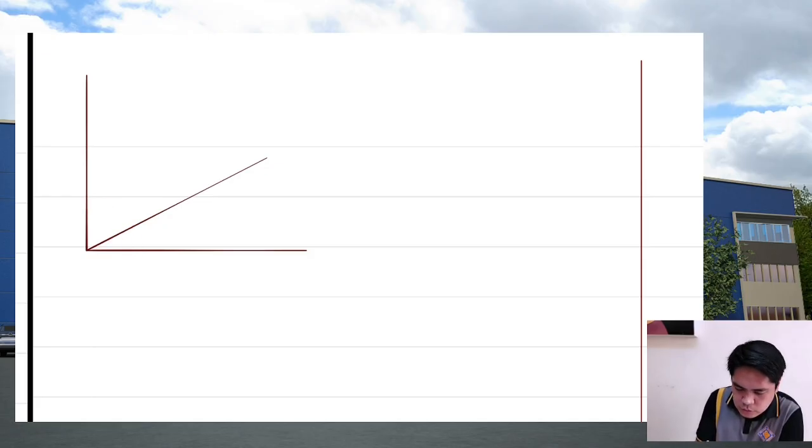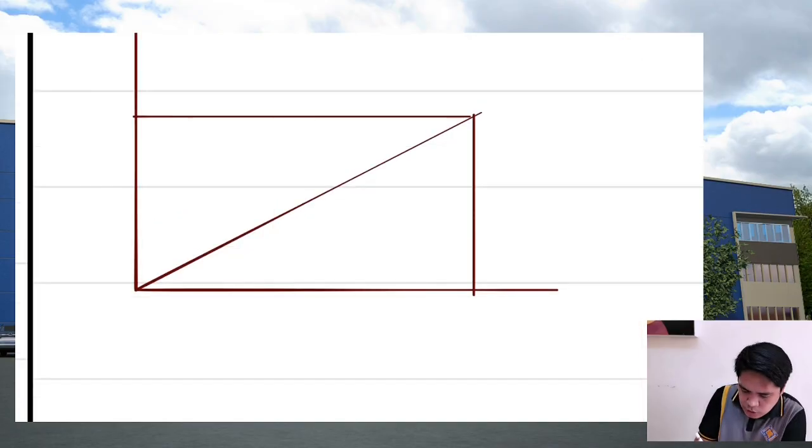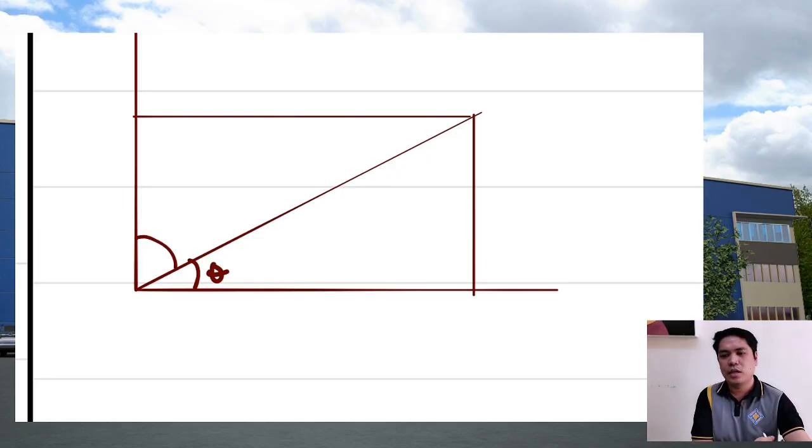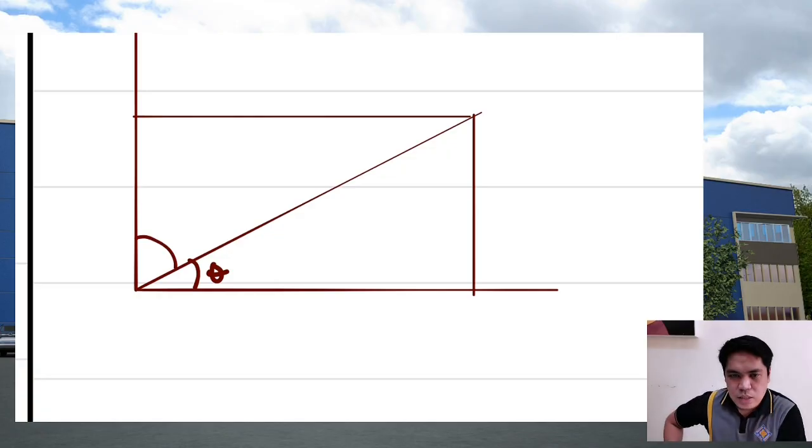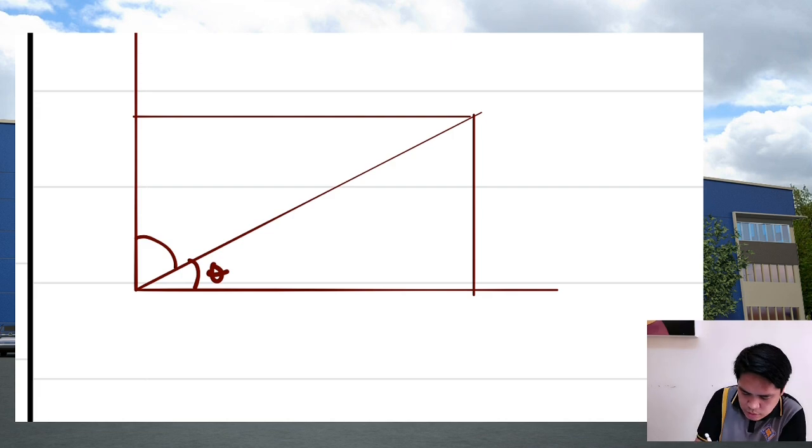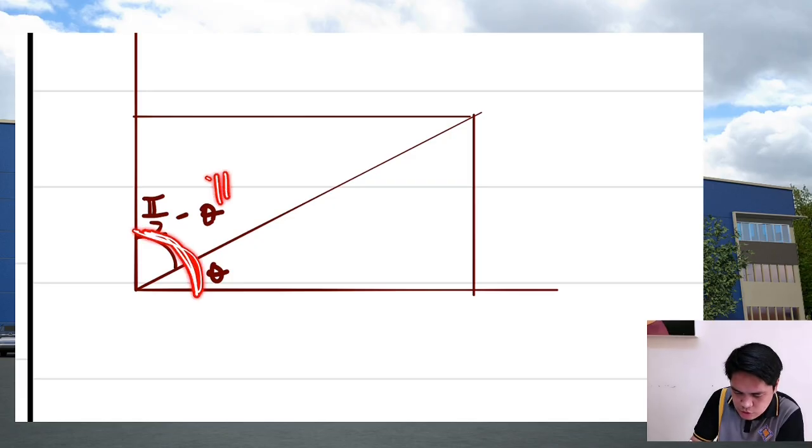Okay? So, ang gagawin ko dito is I'll close it like this. Now, if this is angle theta, this angle is the complement of theta. So, when we say complement of theta, that angle measures 90 minus theta or pi over 2 minus theta. So, this is pi over 2 minus theta. Because if you add these two, the result is pi over 2.